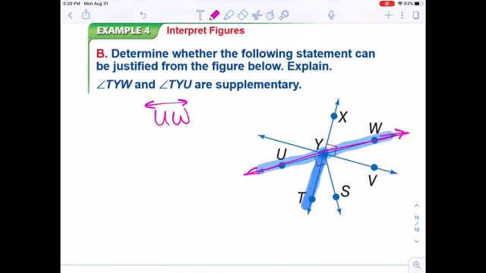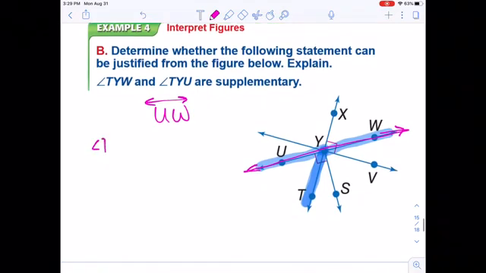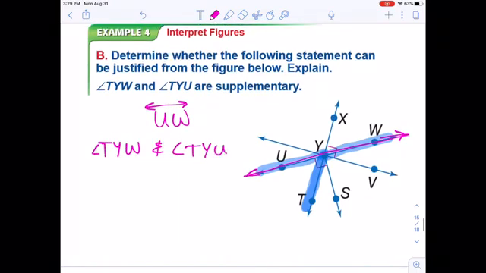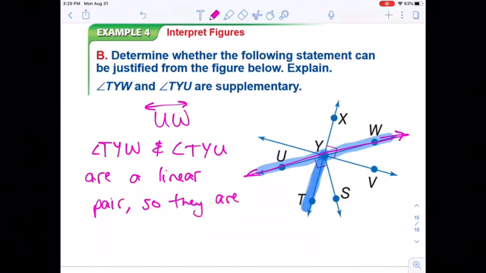So that means angle TYU and angle TYW are a linear pair. So they are supplementary.